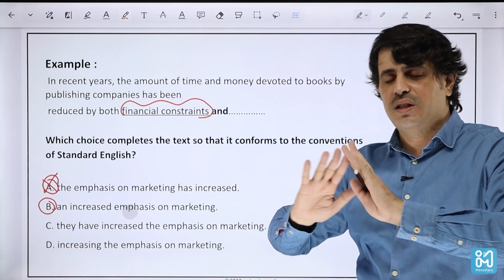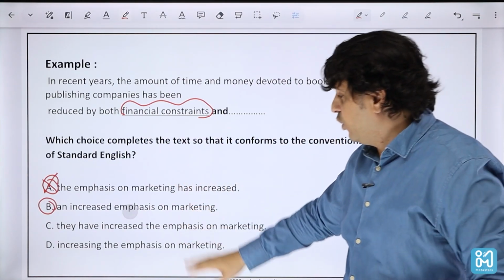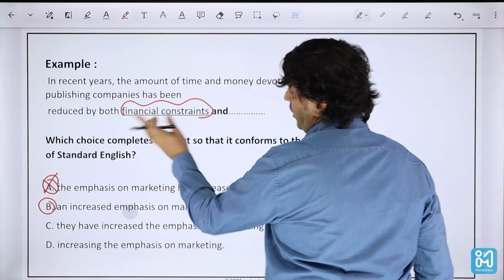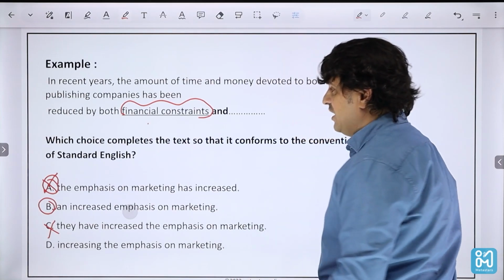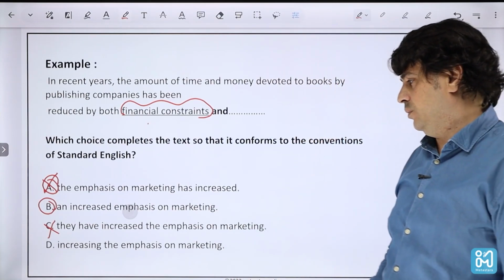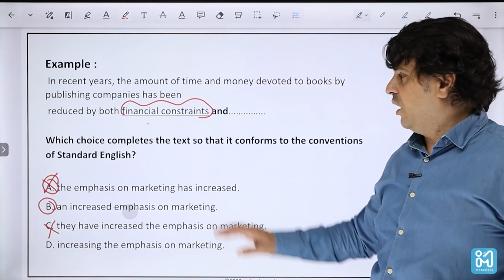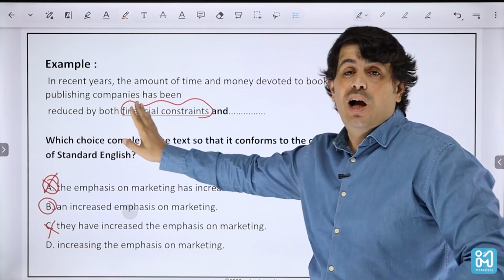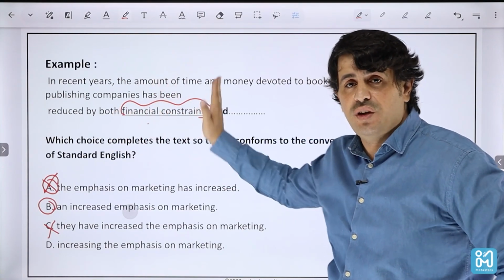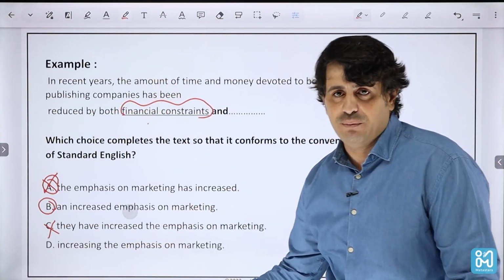I need you guys to know that I can't combine a group of words with a whole sentence. This one's wrong. And if I say "and increasing the emphasis," no, I can't say it at all.